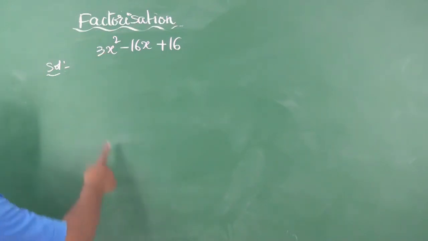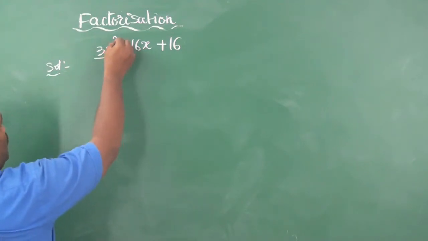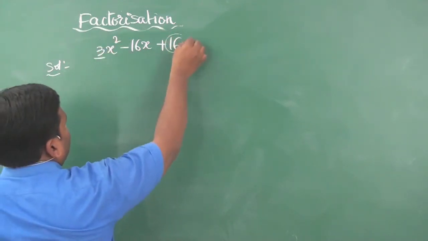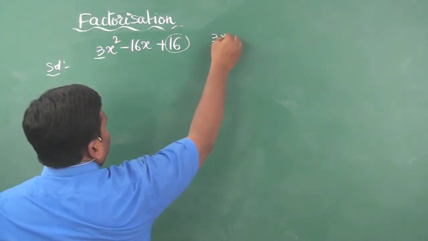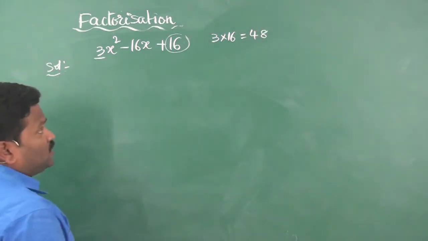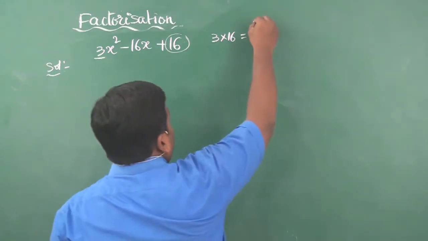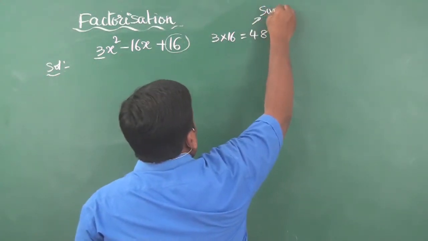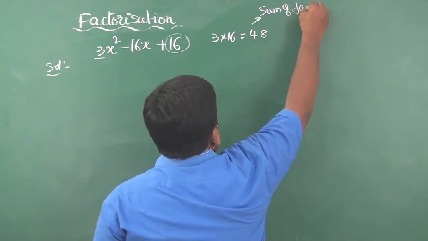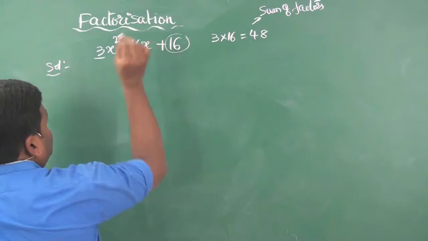To factorize such a problem, we should multiply this x square coefficient and 16. 3 into 16, 48. Since the product is positive, we should consider the sum of the factors. The sum of the factors is equal to 16.